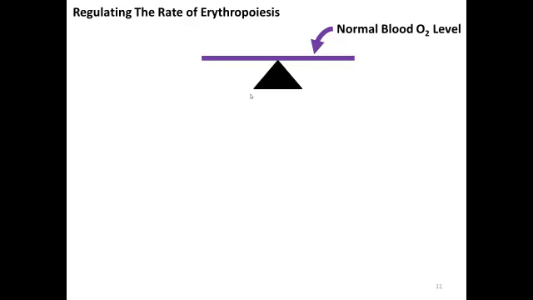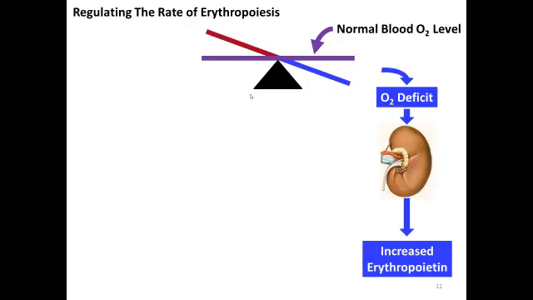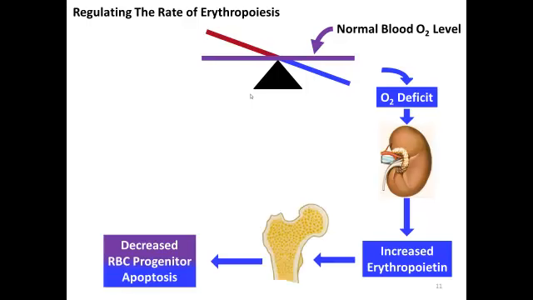Let's talk about how erythropoiesis works in a healthy patient. It's really governed by the oxygen level in the blood, that the body is designed to keep at a balanced level. Now, if something happens to cause an oxygen deficit, let's say the patient moves to a higher elevation, this oxygen deficit tells the healthy kidney to increase the production of erythropoietin, which it does.